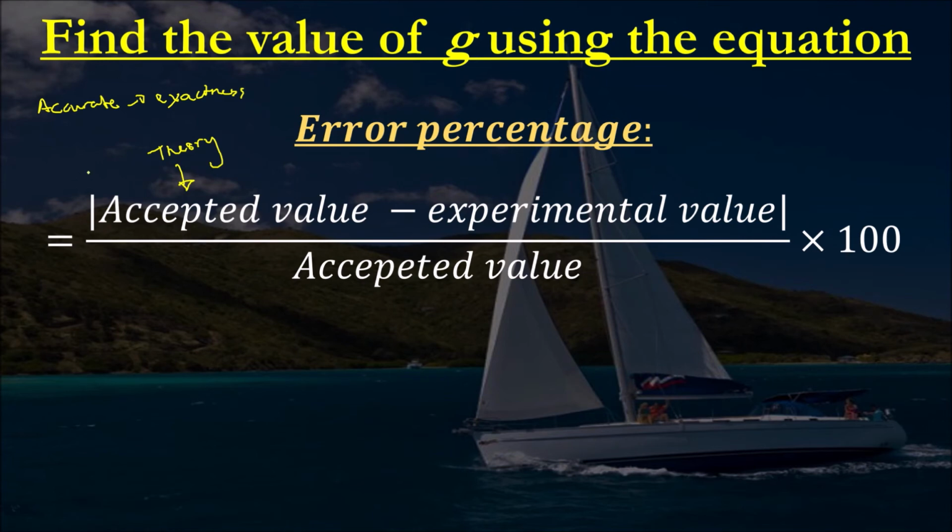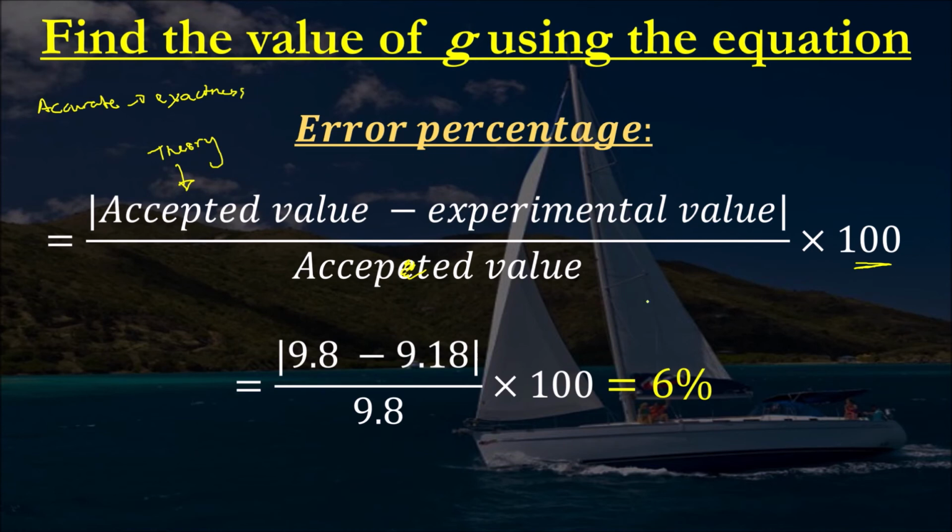So it's the absolute value of the accepted minus the experimental, divided by the accepted value, times 100. That will give us the percentage. Okay? So the accepted value of acceleration due to gravity is 9.8. Subtract the experimental value, 9.18. Absolute value, divided by 9.8 times 100, and I get about 6% error.